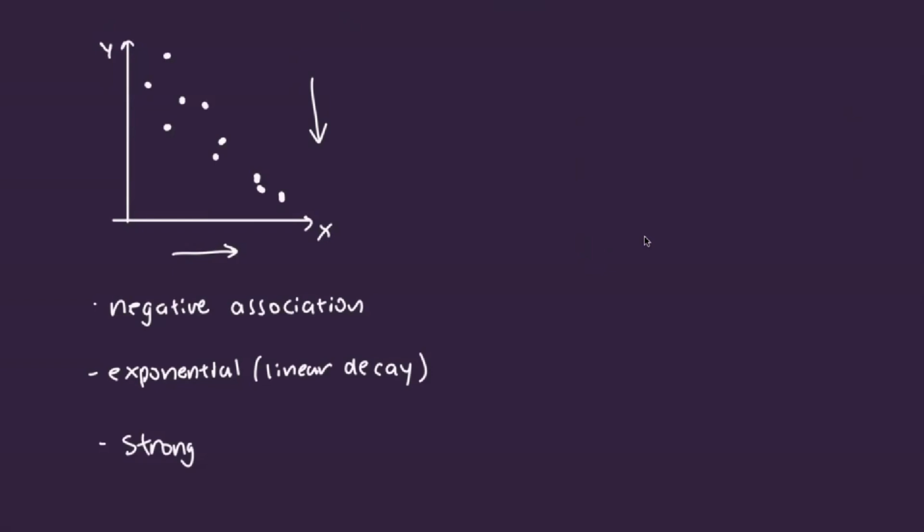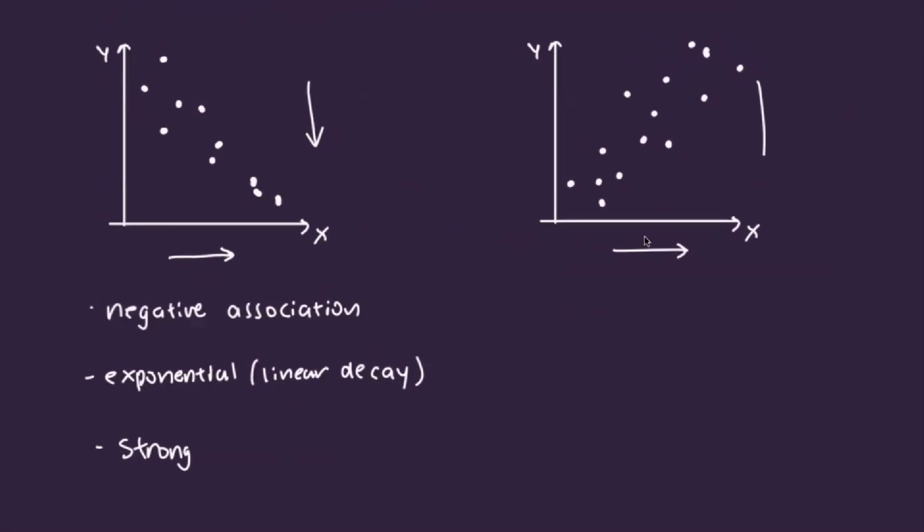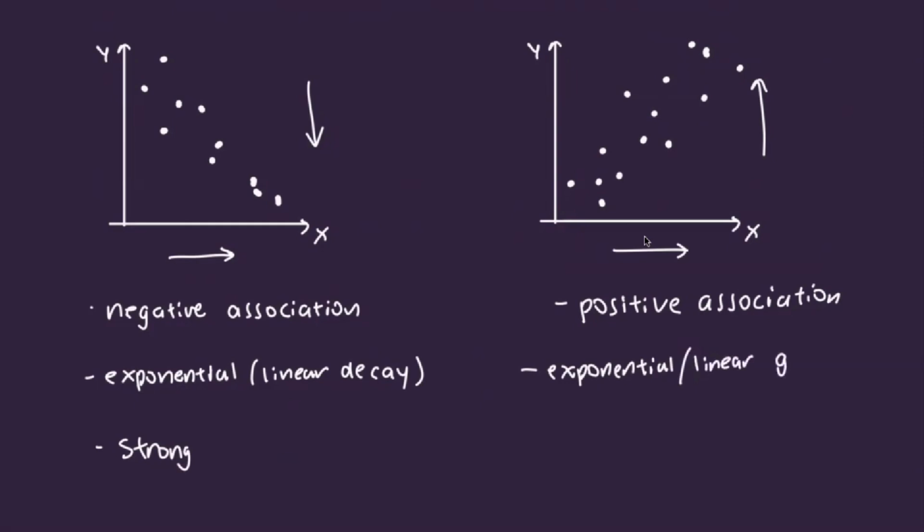Now, vice versa, if our x increases and our y also increases, this is a positive association. And exponential and linear growth belong in this category.